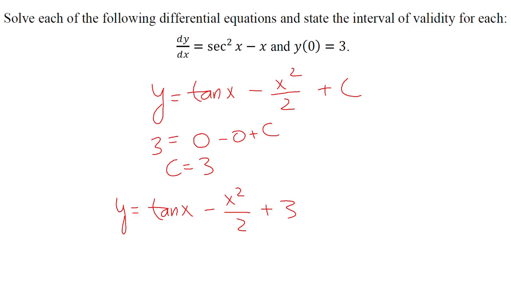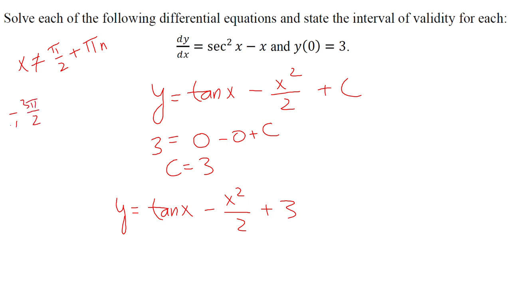The x squared over 2 doesn't cause any issues, nor does the plus 3. But tangent of x does, right? X cannot be pi over 2 plus any pi n, right? Because that's when tangent has asymptotes, vertical asymptotes. And so that means that we're having discontinuities at things like -3 pi over 2.